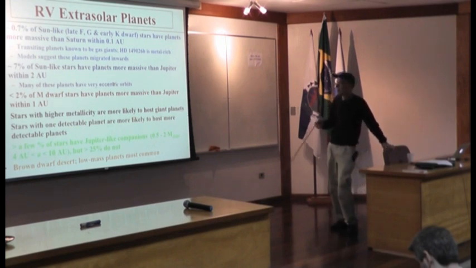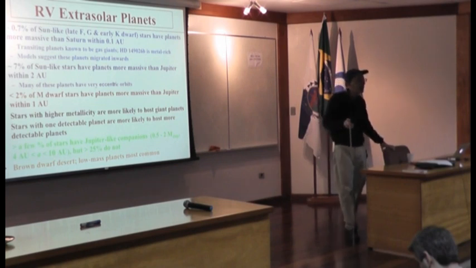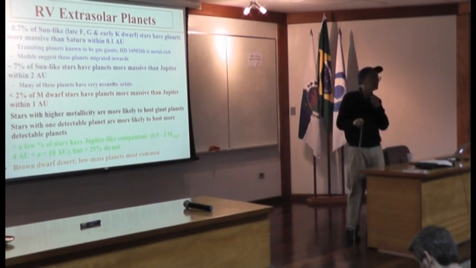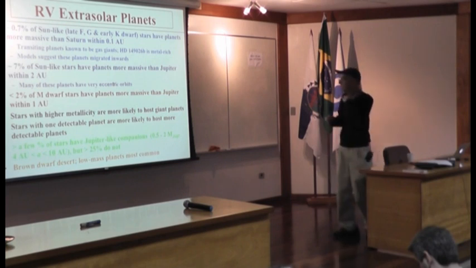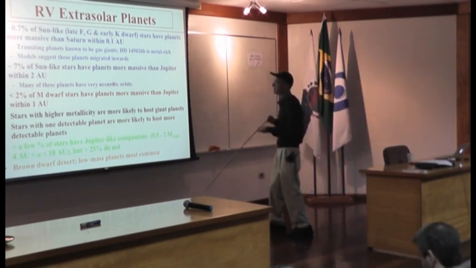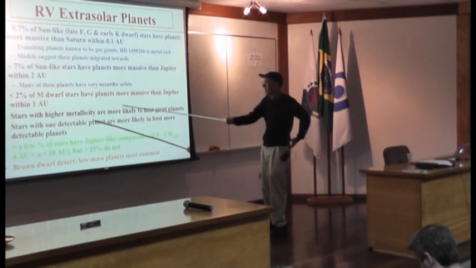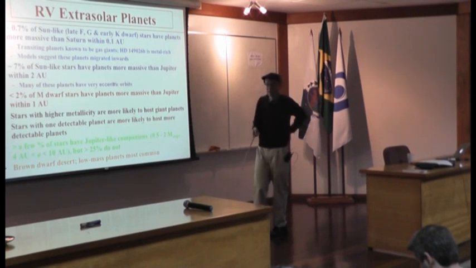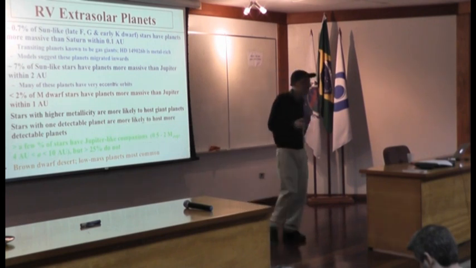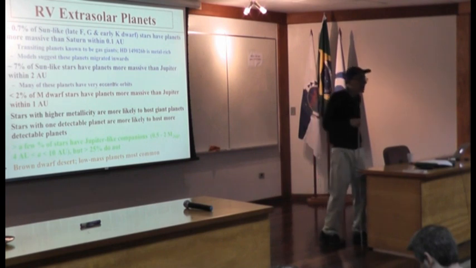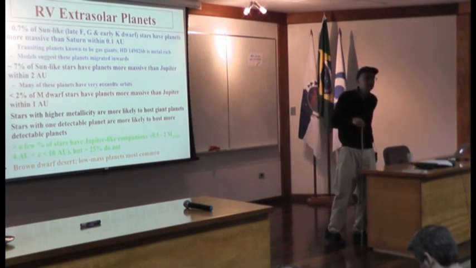Now, small stars, M dwarfs, which are less than half a solar mass, have fewer giant planets, at least within a few AU, the ones that are detected. So a smaller fraction of those stars have planets. Stars with higher metallicity. Metals, again, for the non-astronomers, are any elements heavier than helium.